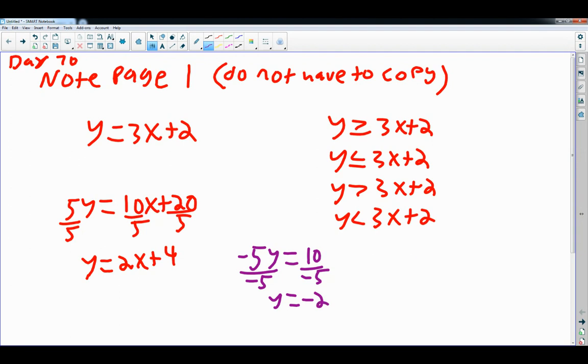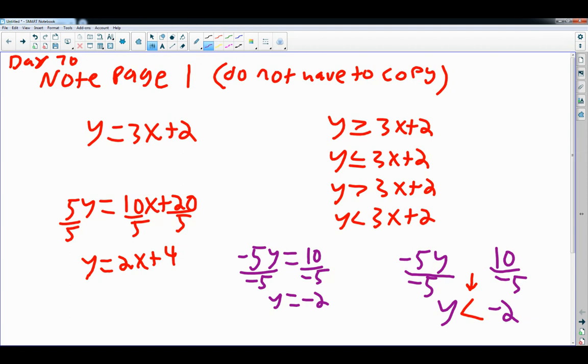Now, if that was an inequality, doesn't matter which one, we'll use greater than. When you divide by a negative, it's like dividing by the opposite. So that means this inequality sign is going to turn the other way. Okay, so y would be less than negative 2.